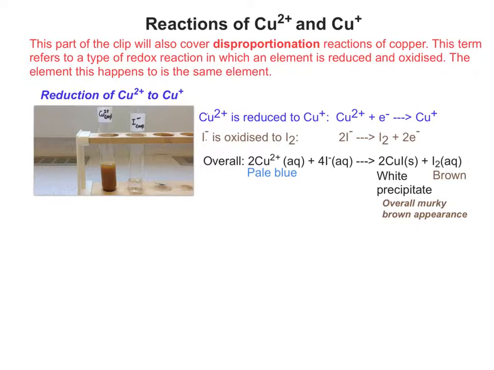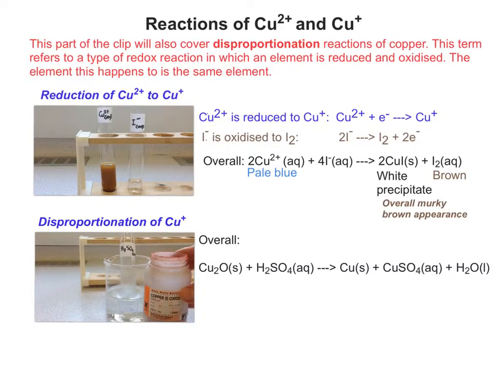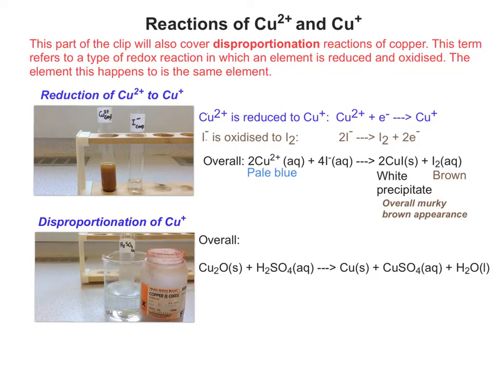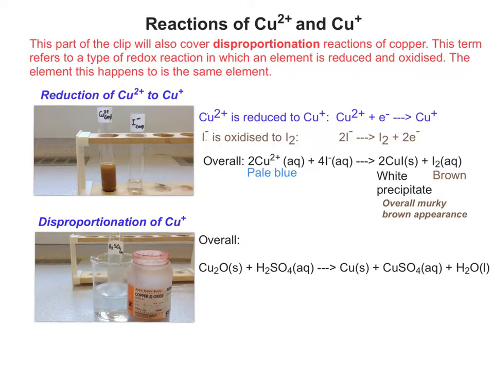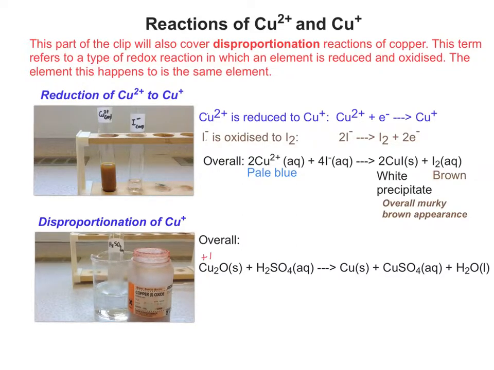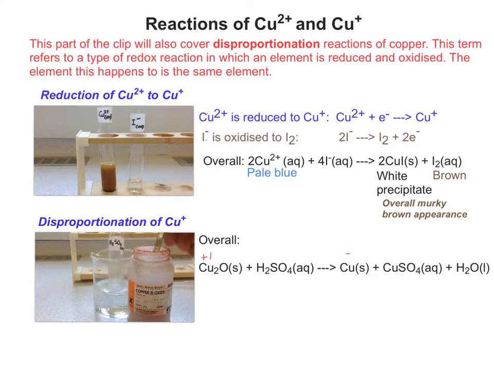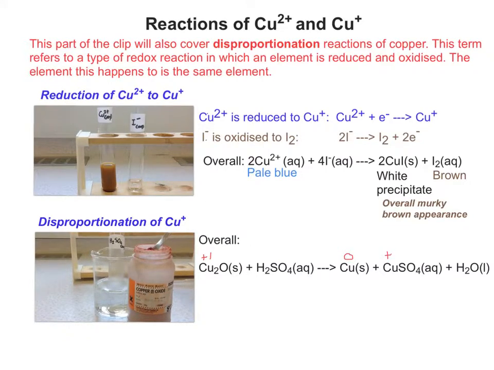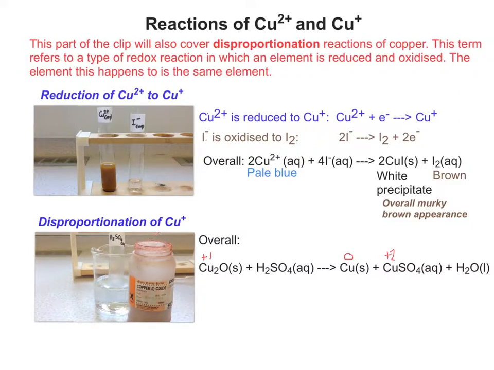Let's now have a look at the disproportionation reaction of Cu+. So what we've got here is copper(I) oxide. So copper's in the +1 oxidation state. So what I'm doing as the reaction proceeds is actually showing the oxidation numbers that show what's happening.